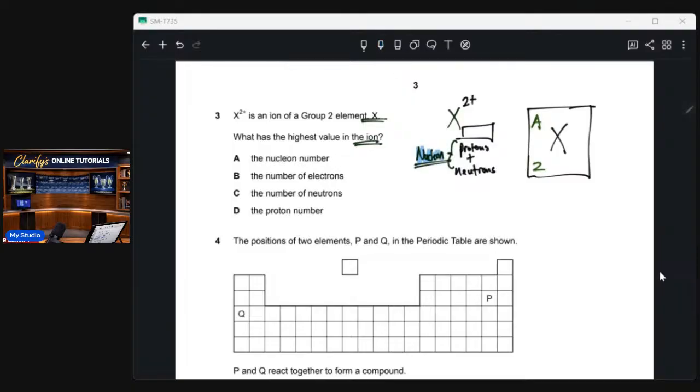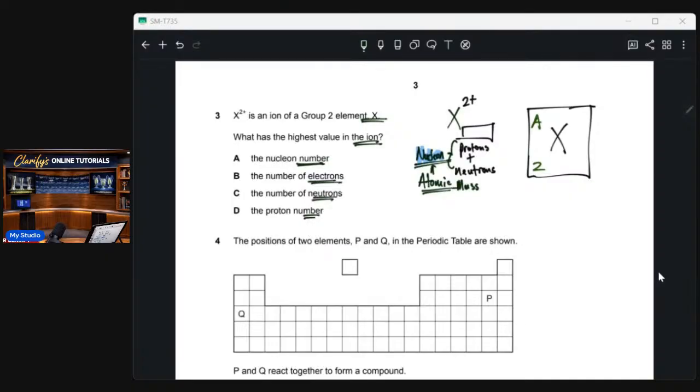So atomic mass is nucleon number. It can be called nucleon number because it talks about the things in the nucleus. So the things you had were nucleon number, electrons, neutrons, and proton number.